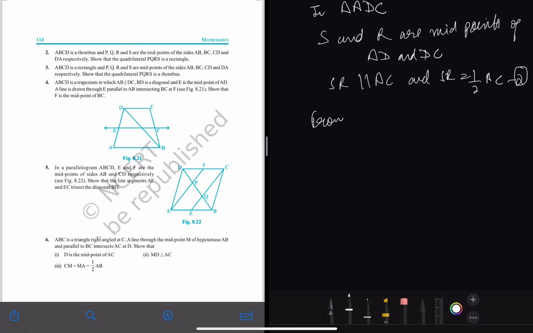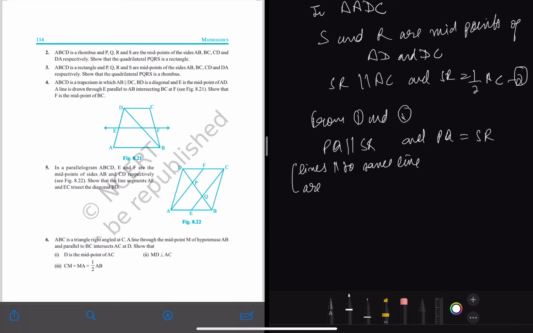So from 1 and 2, PQ is parallel to SR and PQ is equal to SR. Why? Because lines parallel to the same line are parallel to each other. This is simply by comparison of 1 and 2. So we have proven because of this that PQRS is a parallelogram at least, because PQ is parallel to SR.